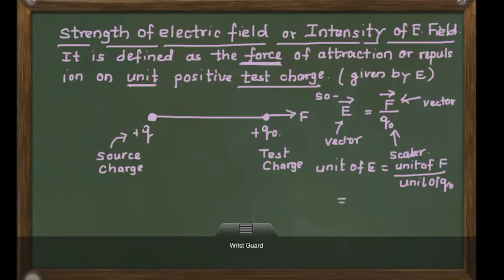The unit of F is Newton, and the unit of Q naught is Coulomb. That's why the unit of E will be Newton per Coulomb.